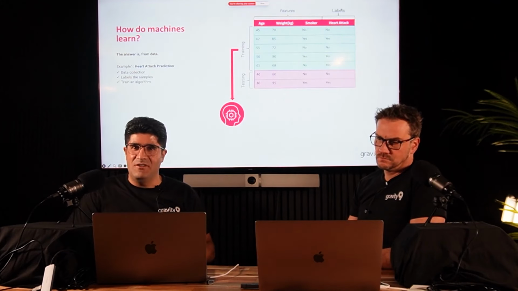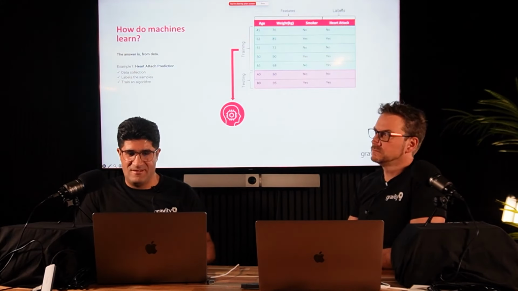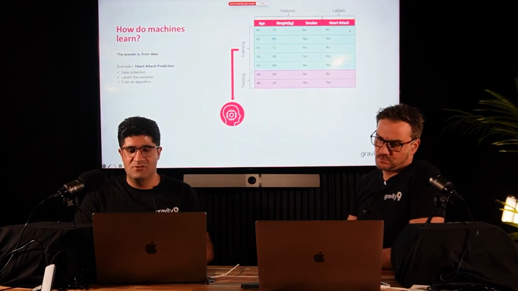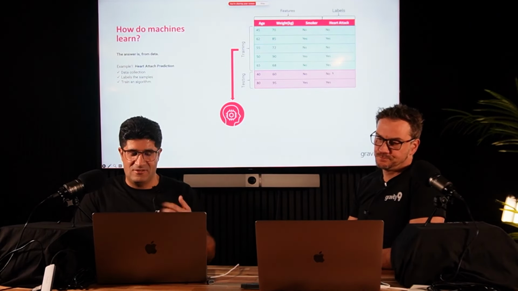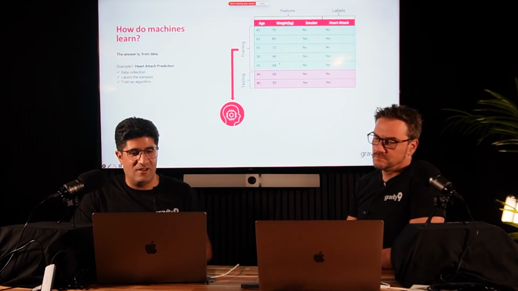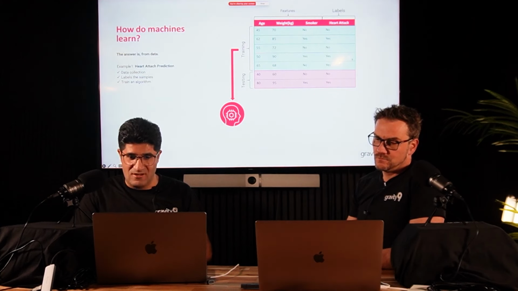Then we have the training process. In fact, we divide our data into 2 or 3 sections. In this case, I simplify the concept: we have the training set and the testing set. The training data will be used for training.